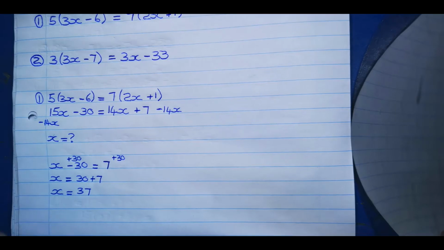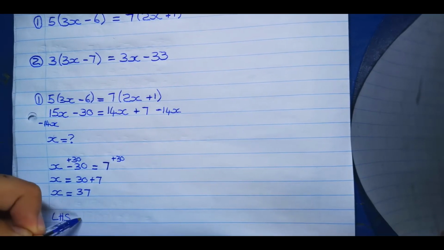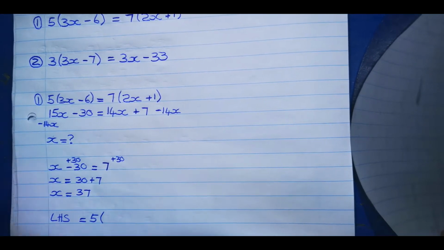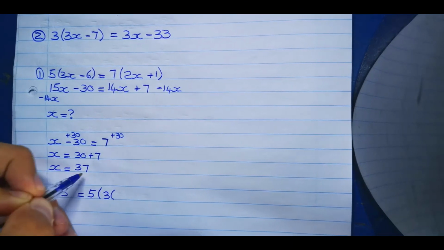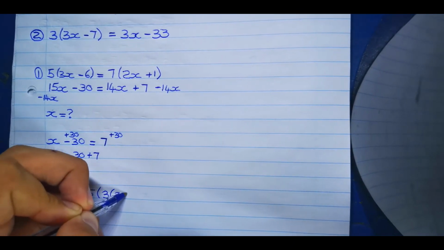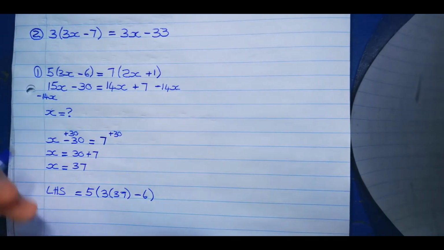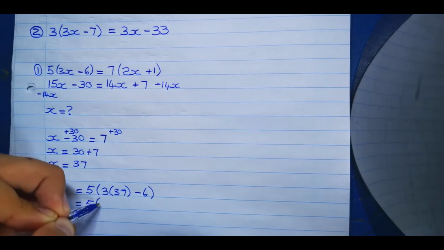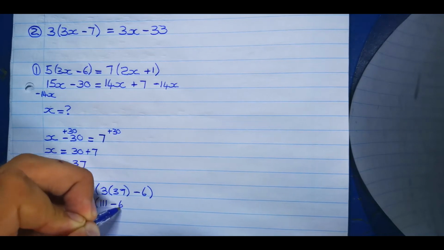So to check our answer, we can test it. We can say the left hand side is equal to 5 times (3, and then x is equal to 37, and then minus 6). So we're left with 5 times 111 minus 6.